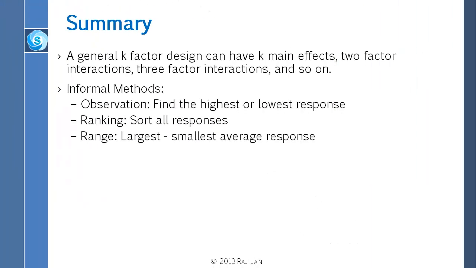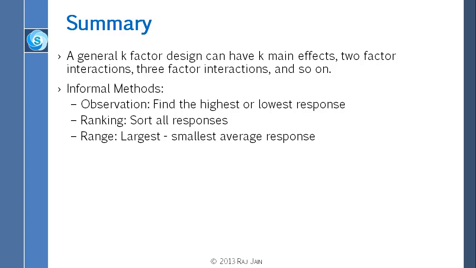That's basically the end of this chapter and the end of experimental design. What we have done in this chapter is that we have explained that if you have k factors with any number of levels, then you will have k main effects, and then you will have several 2-factor interactions, 3-factor interactions, and so on and so forth.